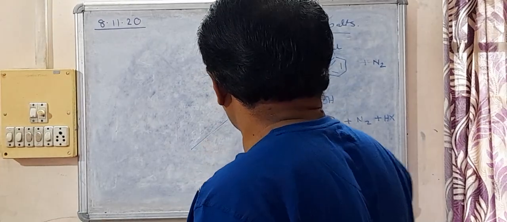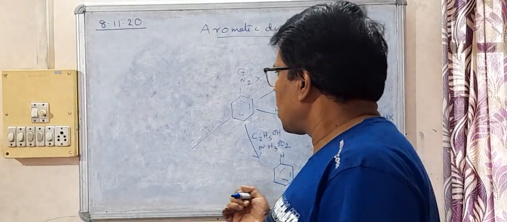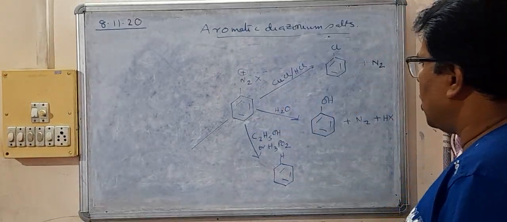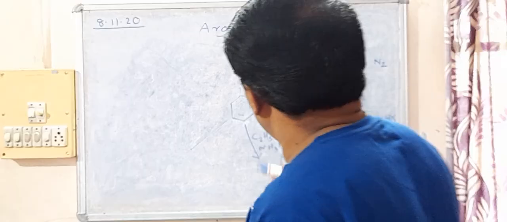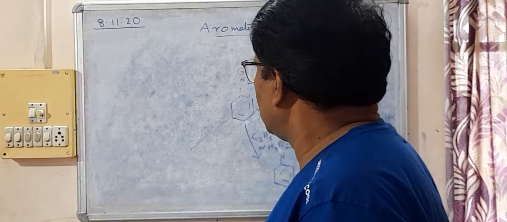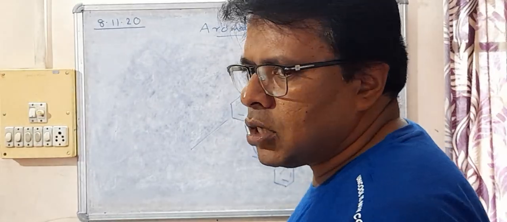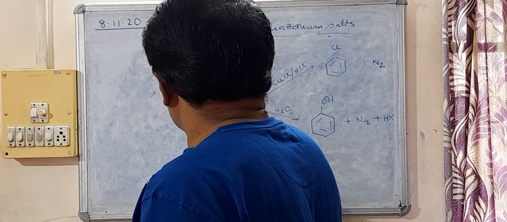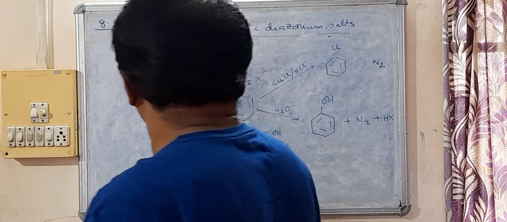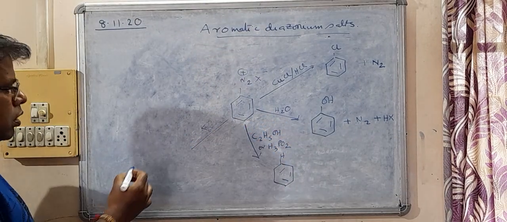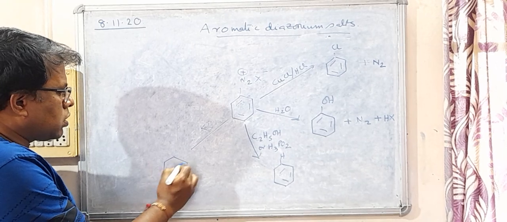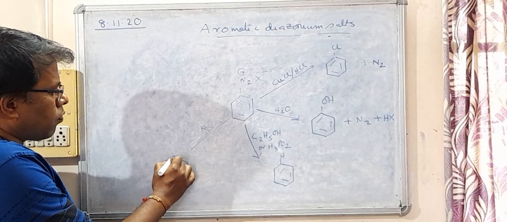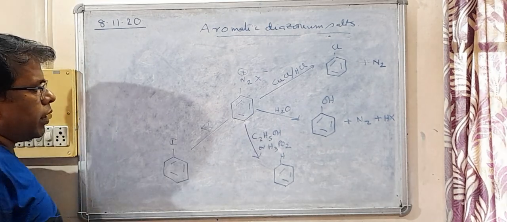There is nothing much to explain here. How can we replace it by NO2 group? How can we replace it by I group? So all this you have to study. For example, let me tell about I. If this diazonium salt is warmed with potassium iodide, then we get iodobenzene.